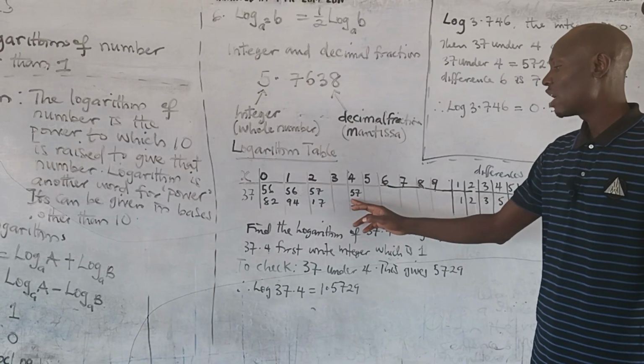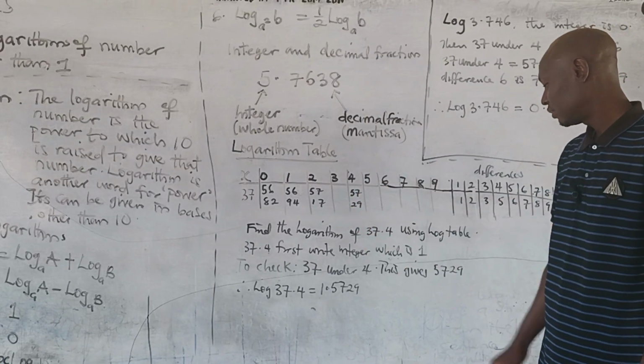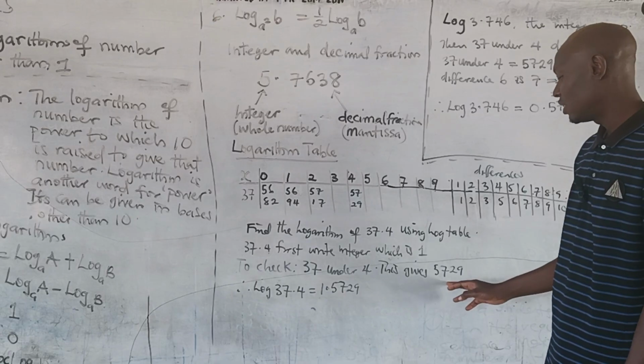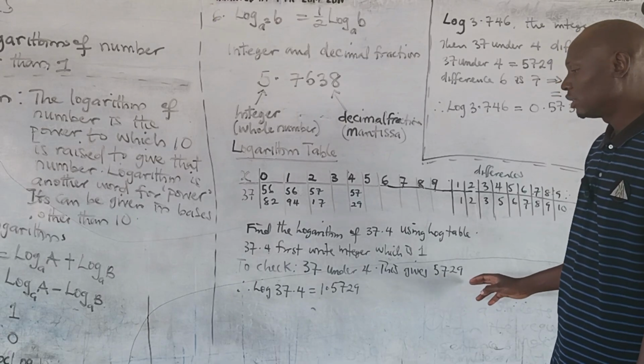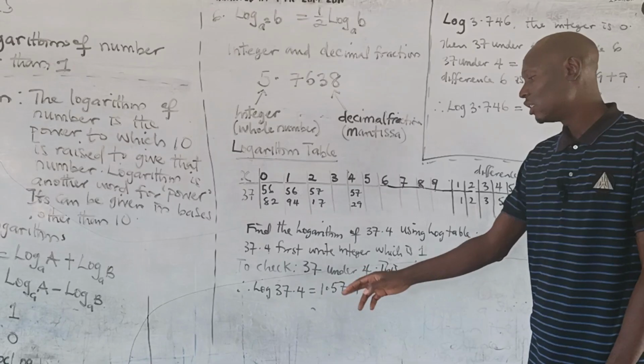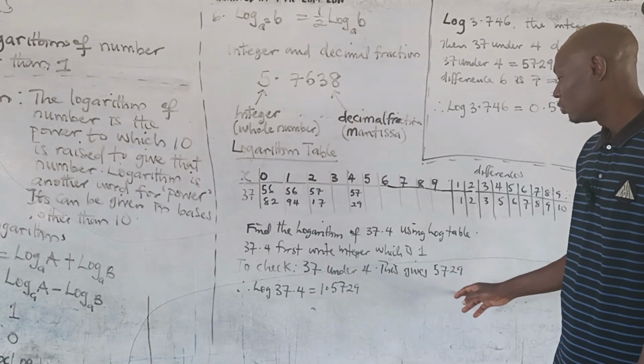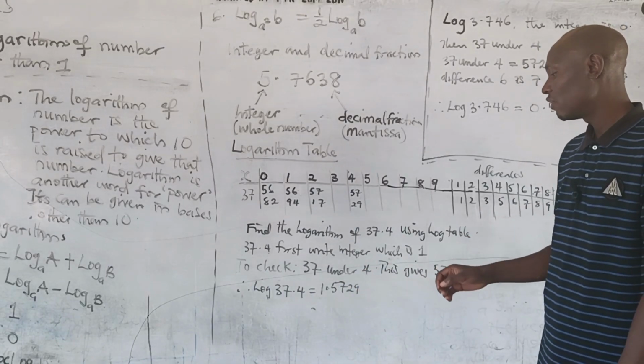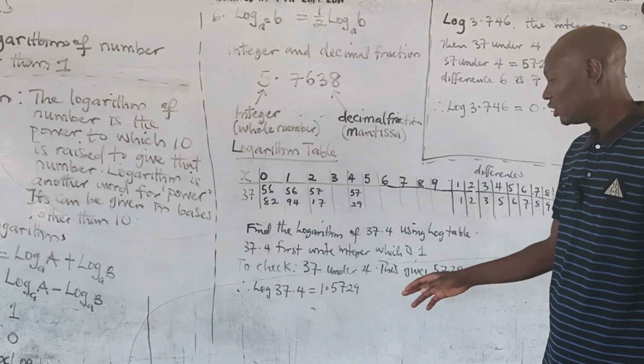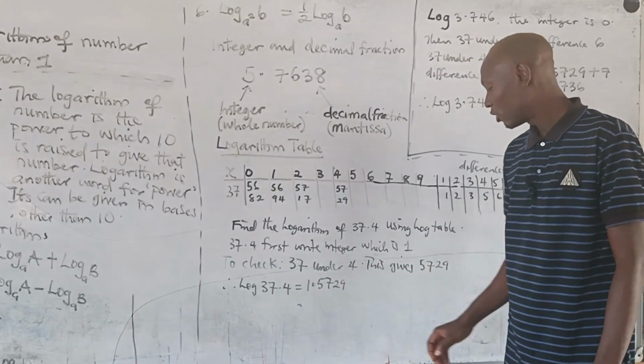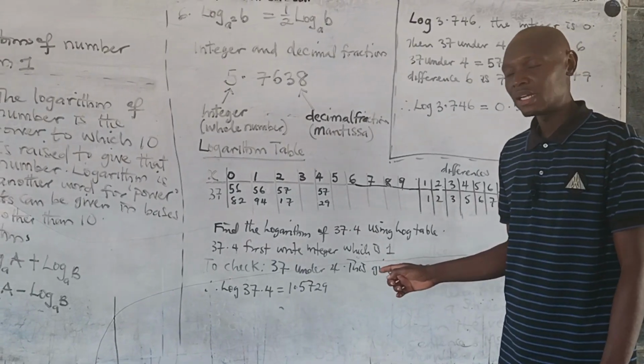Under 4 we have 5729. So that is what I have here, 5729. So log 37.4 will give you 1.5729. The 1 before the decimal point is the integer.